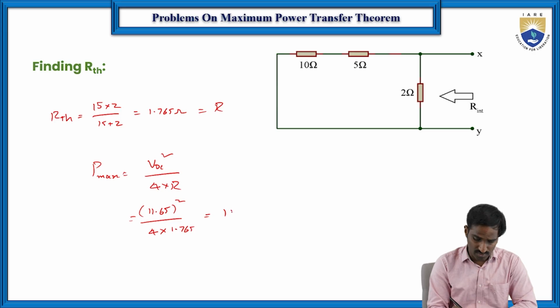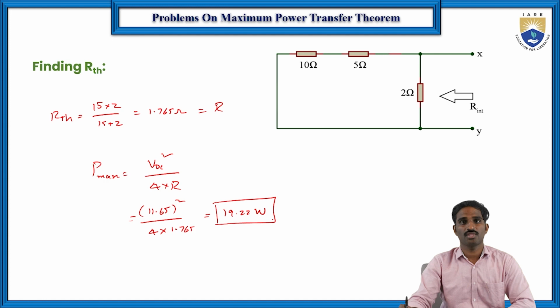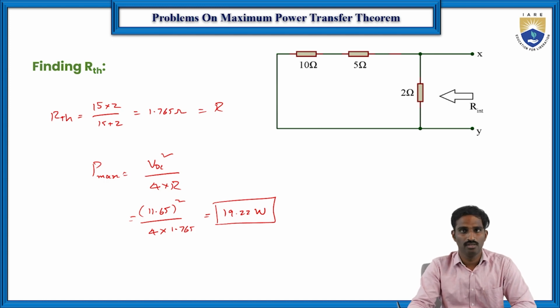Then the P maximum is equal to 19.22 watts. This is how we can find the value of R Thevenin, or the load resistance R, and the maximum power flowing through that particular load resistance R.